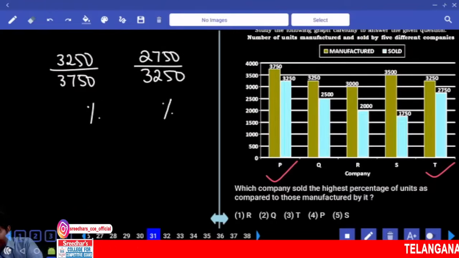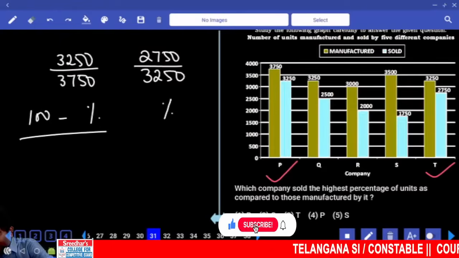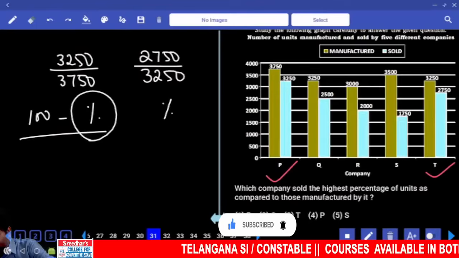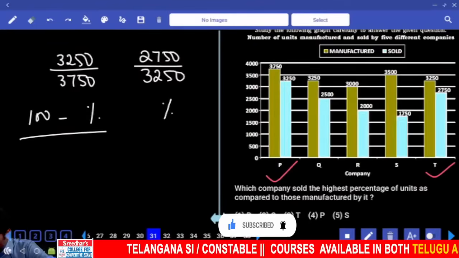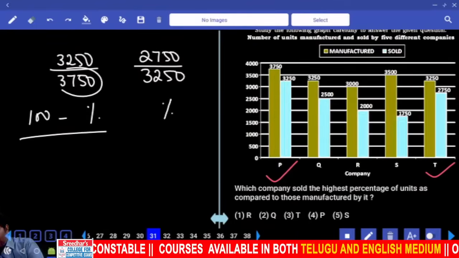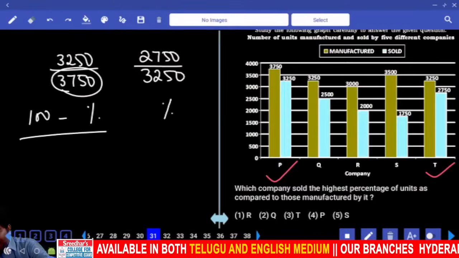And the same must be subtracted from 100%. Then it will give you answer. Correct? Come on. From 100% what we need to subtract? The percentage equals to number 500. Agreed? Now, with respect to 3750, don't calculate number.